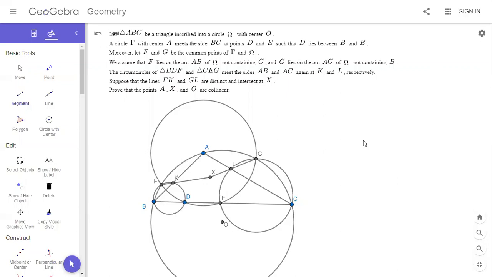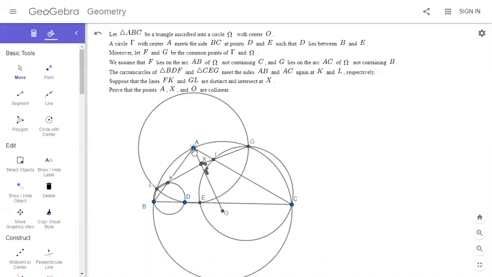If we can somehow prove that, let's say we connect AX and O, let's just assume that they are collinear. We join AX and O. Now the point where the line AO meets BC, let's just mark a point.